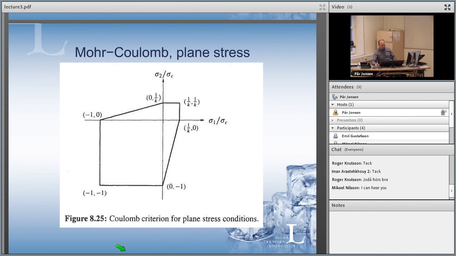But you will have also quite a large difference. You can actually control the behavior for tension and compression much better with this model, because with the other one it doesn't matter how you rotated it. It was just pressure sensitive. This one will also be sensitive to the Lode angle in that sense.